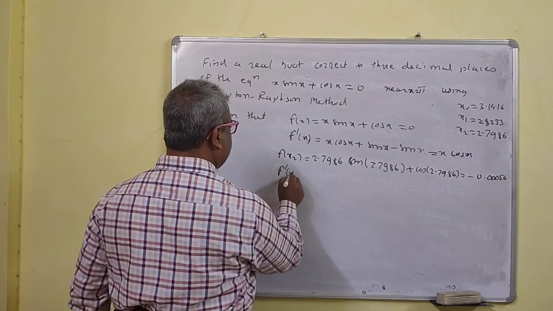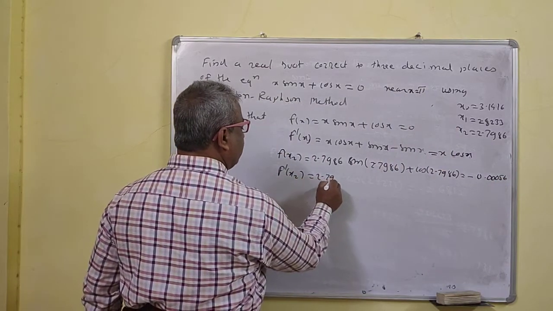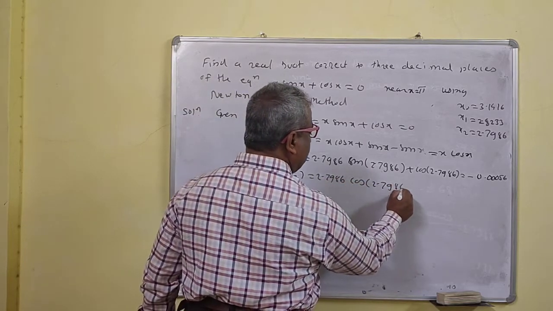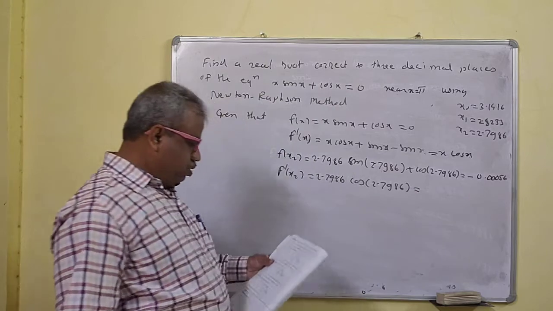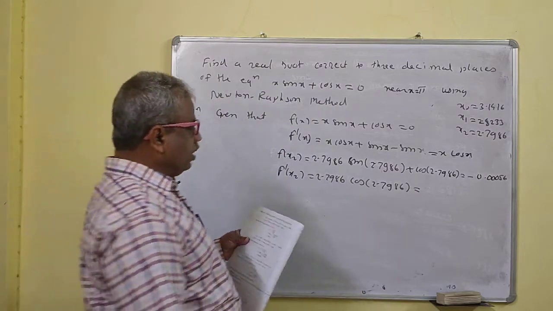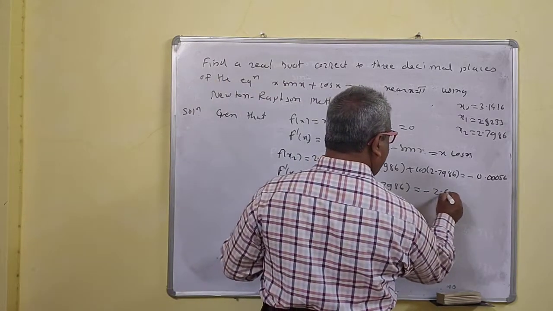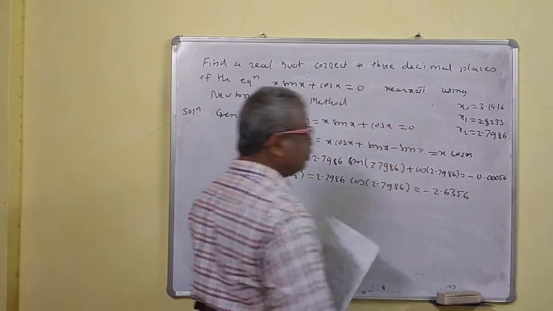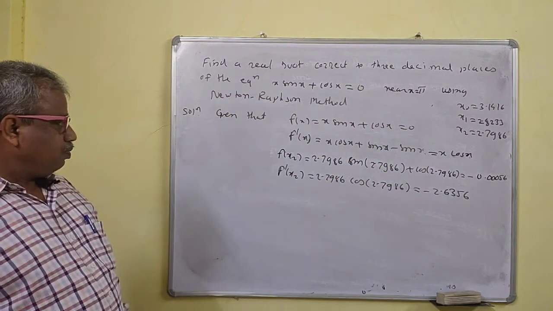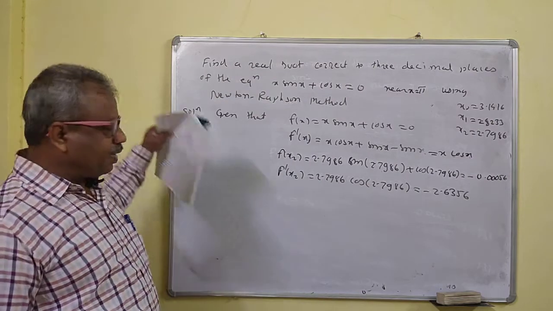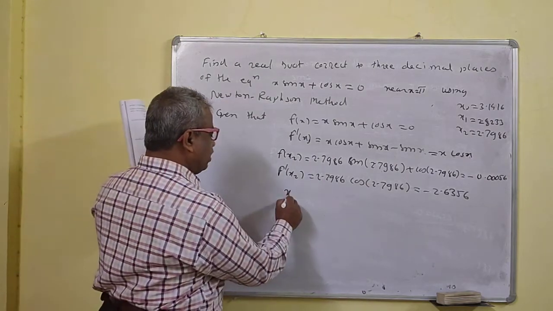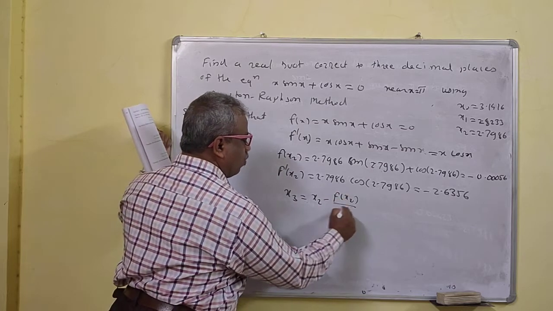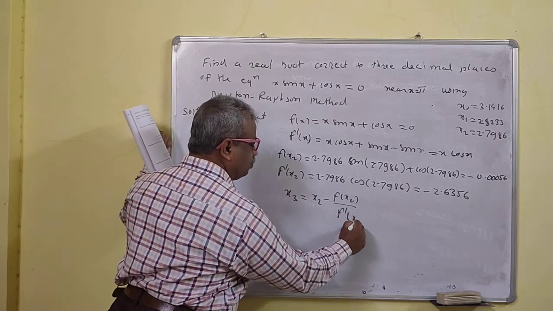And f prime of x2 is 2.7986 into cos of 2.7986, and this value is minus 2.6356. So now you have f of x2 and f prime of x2, and we'll find x3.